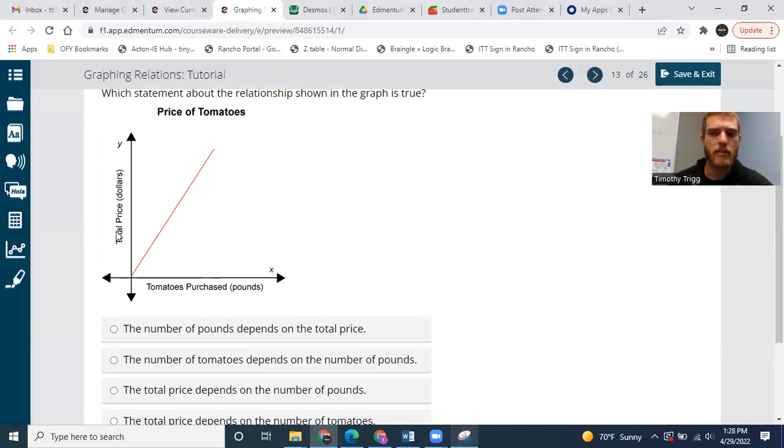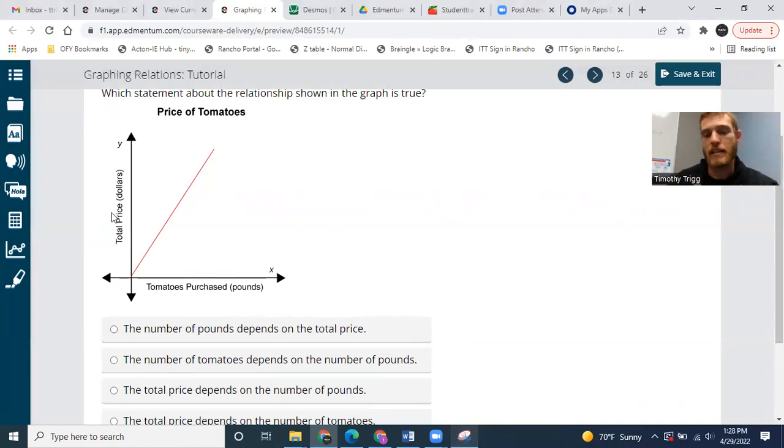Well, I hope you can see that the first sentence makes more sense, that the amount of money you pay depends on the amount of tomatoes you buy, right? So the y, the amount you pay, is the dependent variable because it depends on the pounds of tomatoes, right? Whereas the tomatoes purchased is the independent variable.